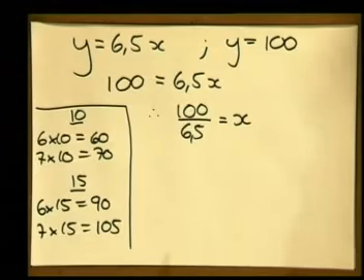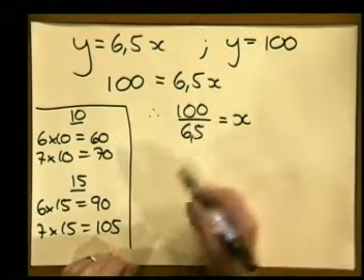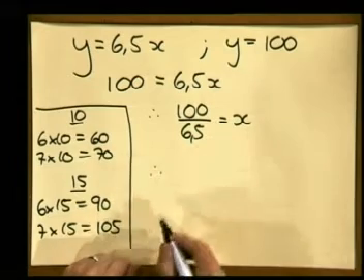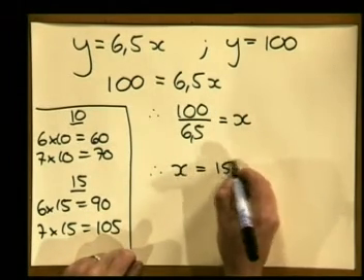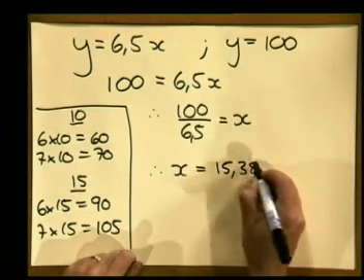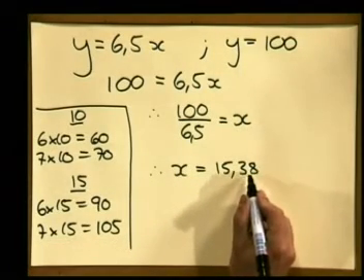And remember, by estimation, we determined that this answer was very close to 15. Now, if I were to calculate 100 divided by 6,5 on the calculator, I'd get that x is equal to 15,38. Or, in other words, the mass of cans is equal to 15,38.